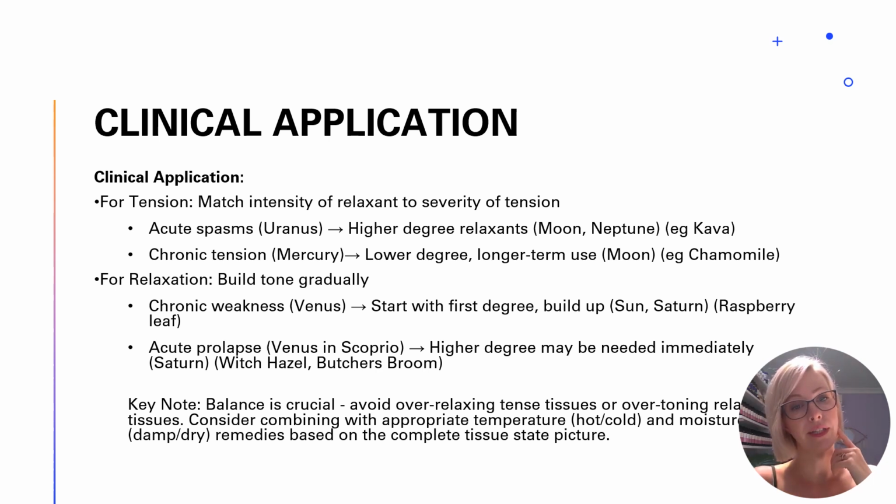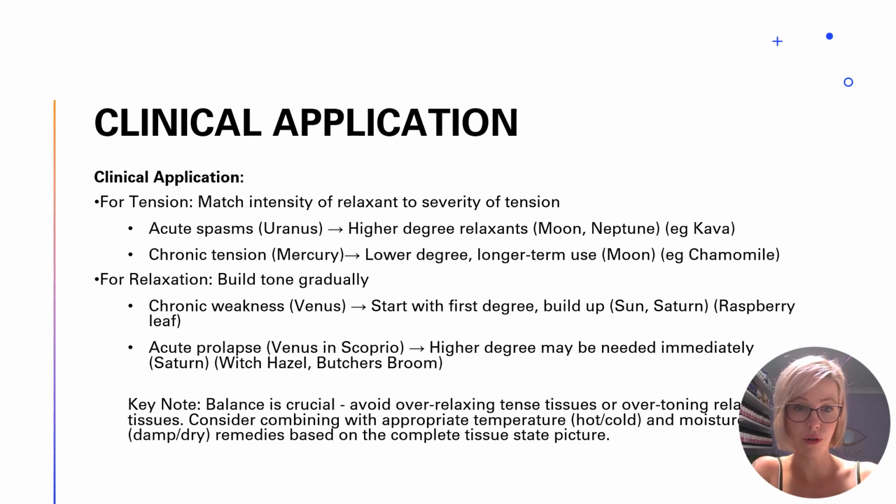So for a relaxation state, you want to build tone gradually. So chronic weakness, which would be possibly Venusian, we start with first degree and then we build up. So maybe raspberry leaf.